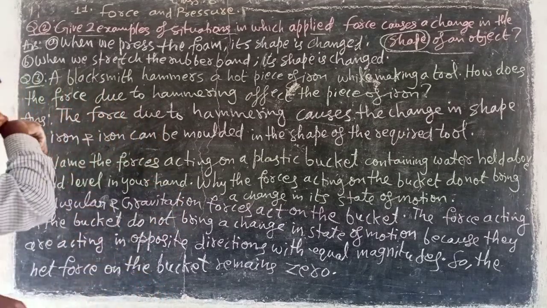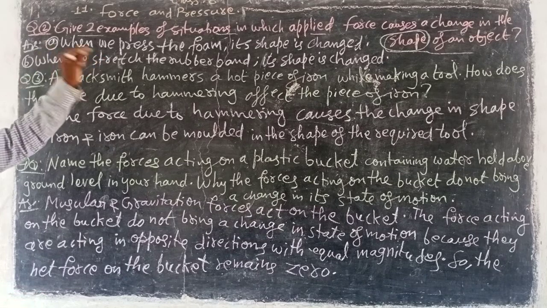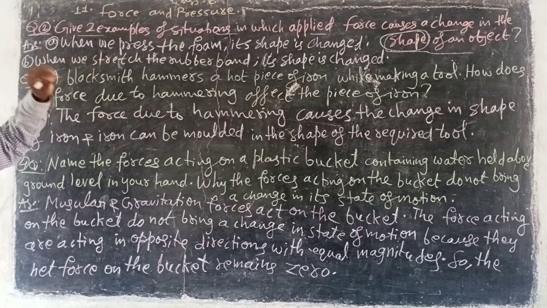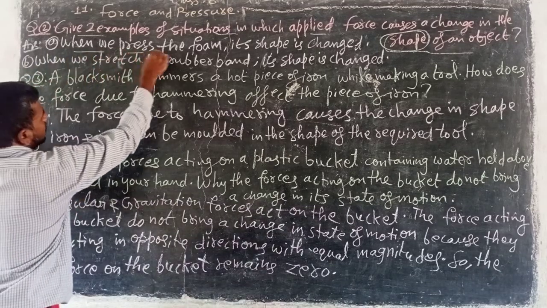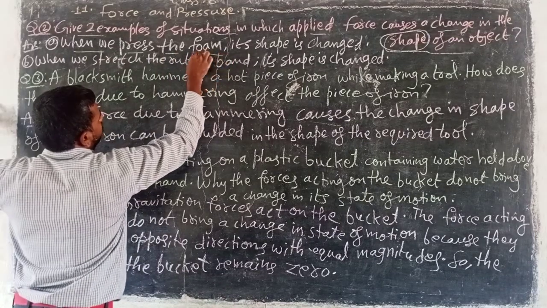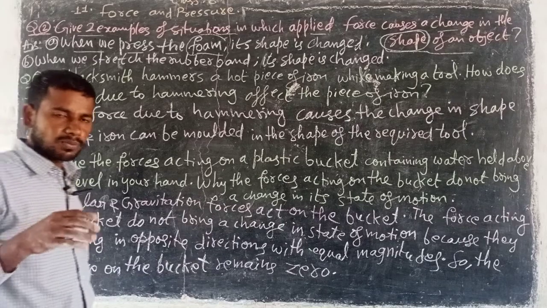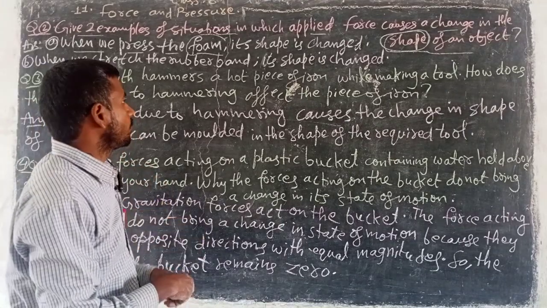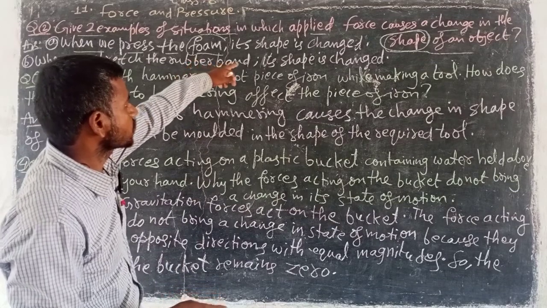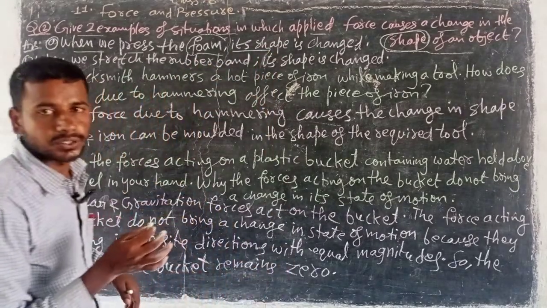So look here. Give two examples of situations in which applied force causes a change in the shape of an object. A. When we press the foam, its shape is changed. Foam shape will change.